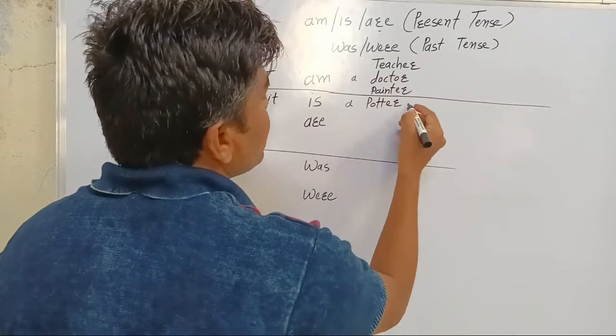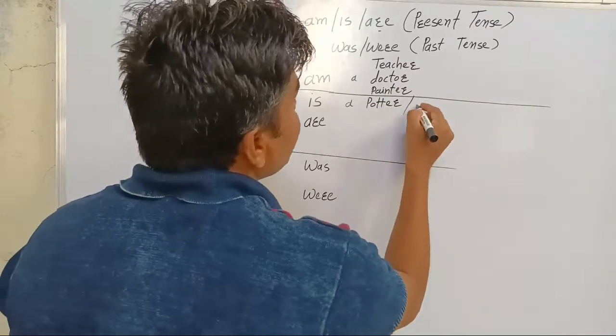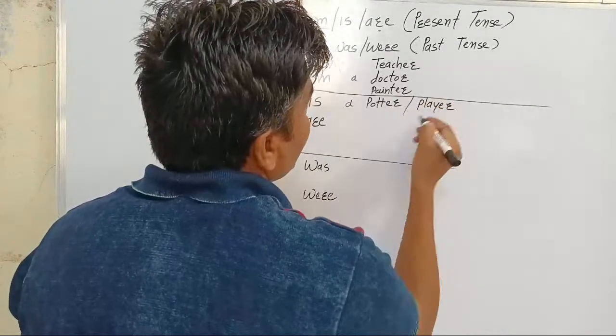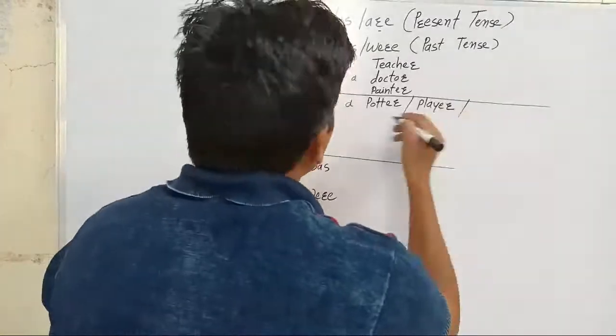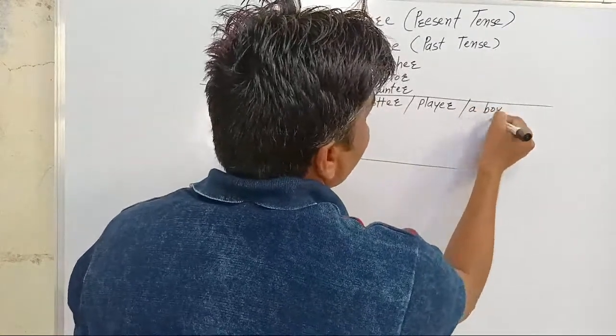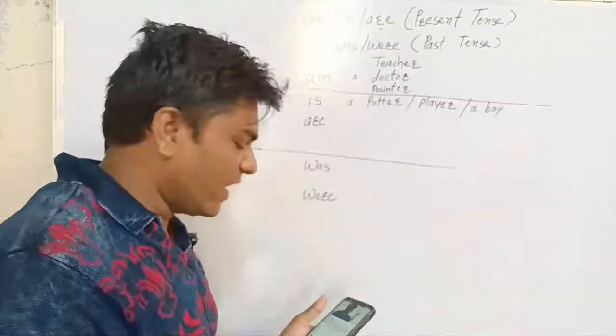He is a potter. Then he is a player. Then we can say he is a boy, or anything else that you can write there.